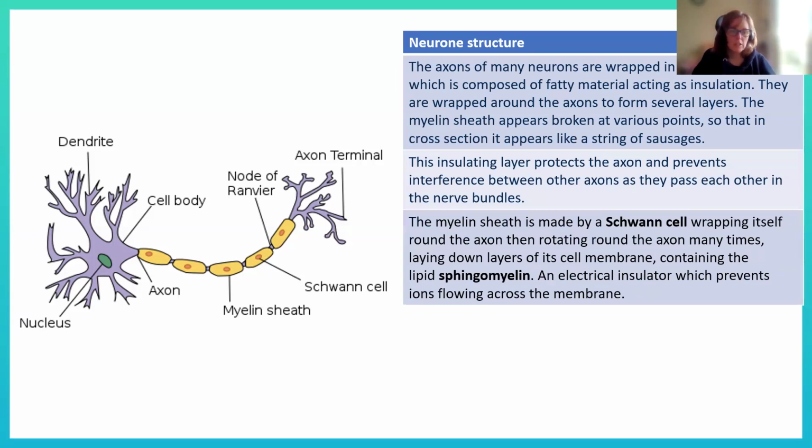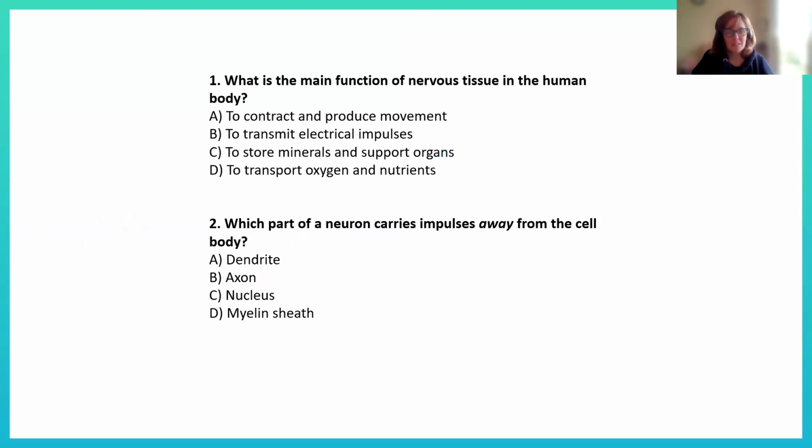So the myelin sheath, this fatty layer, is made out of special cells called Schwann cells, and they wrap themselves around this axon several times. They're made out of a lipid, which is a fat or an oil, and it's called sphingomyelin, and it's a really good insulator against the flow of ions along that neuron.